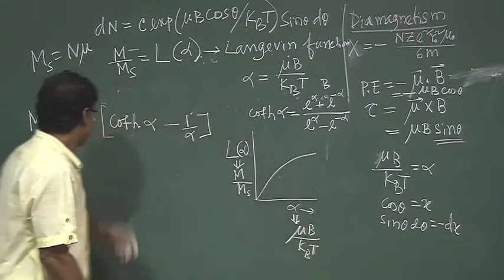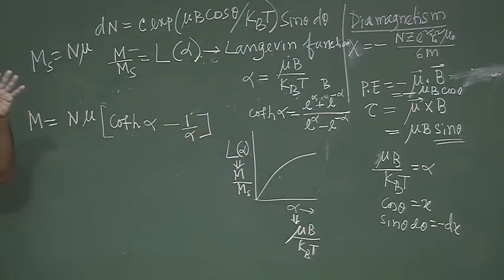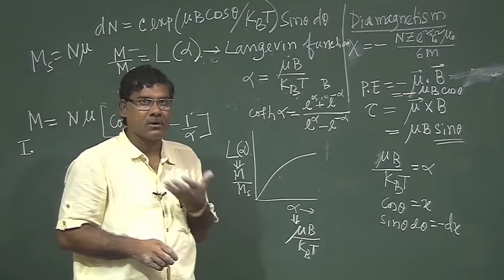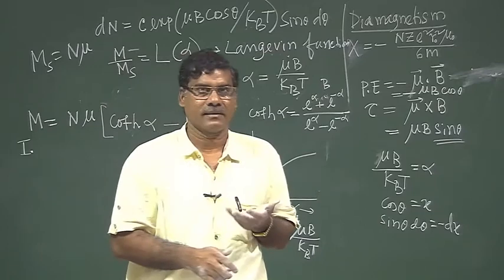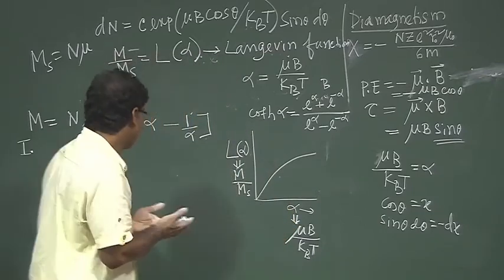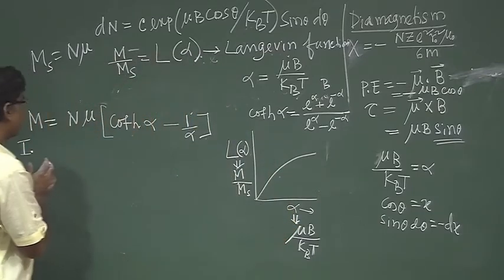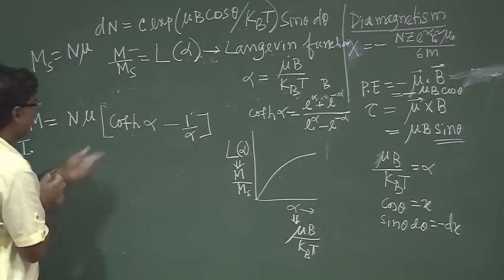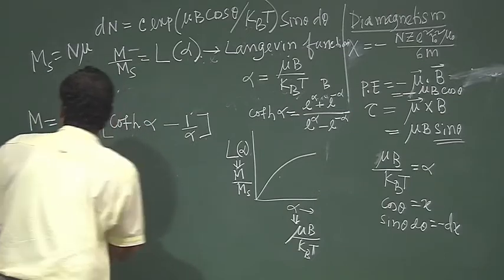Now, I consider case 1, where the magnetic field is low and temperature is high. At higher temperature and lower magnetic field, alpha will be very much less than 1.